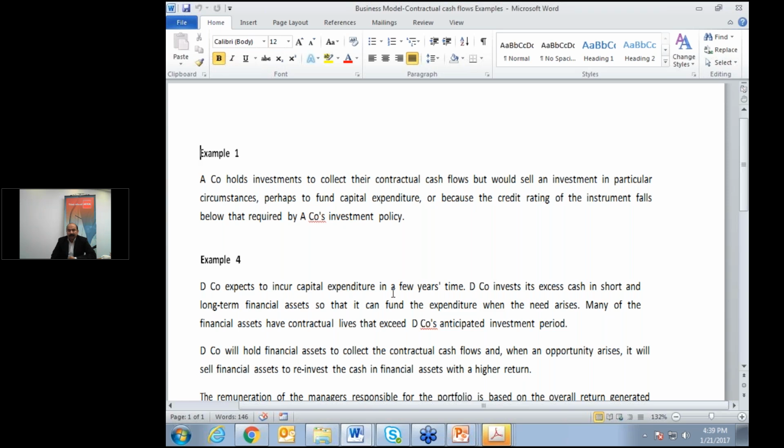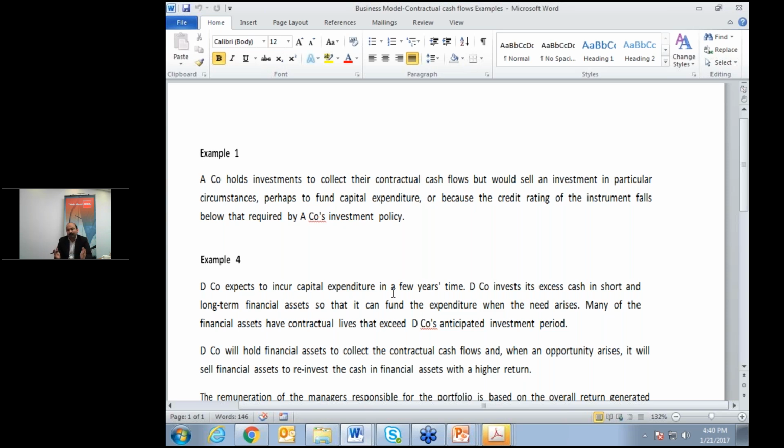See, here the company's objective is to hold the financial asset and collect the contractual cash flows. Some sales, I am using this word, some sales would not contradict that objective.